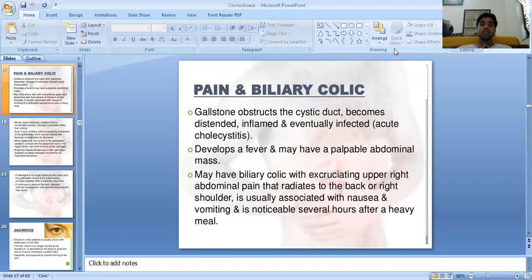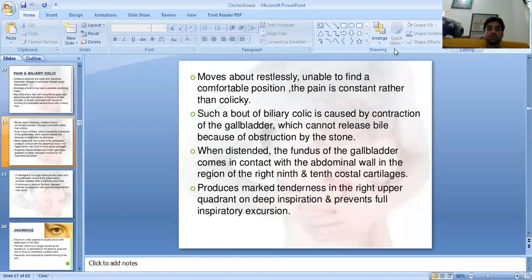There may be biliary colic with excruciating upper right abdominal pain that radiates to the back and right shoulder, usually associated with nausea and vomiting and noticeable several hours after a heavy meal. The patient moves about restlessly, unable to find a comfortable position. The pain is constant rather than colicky.